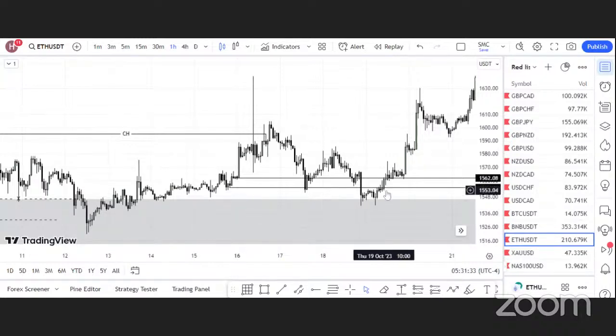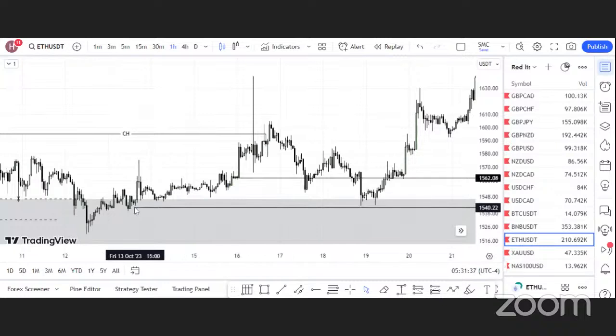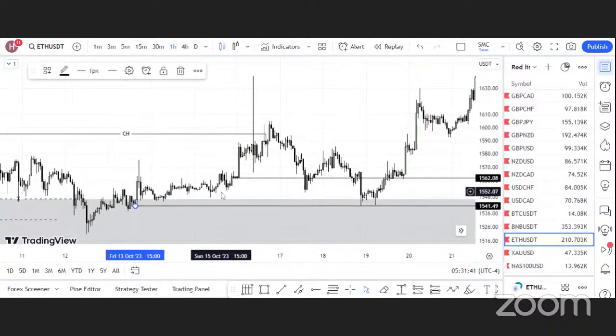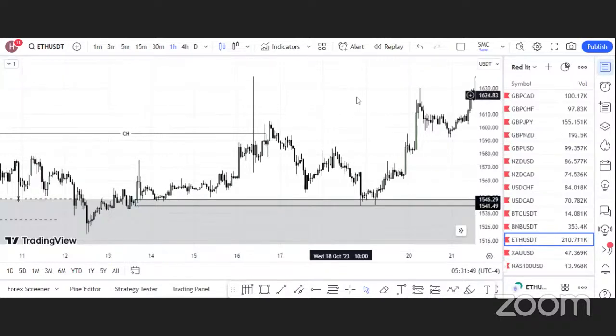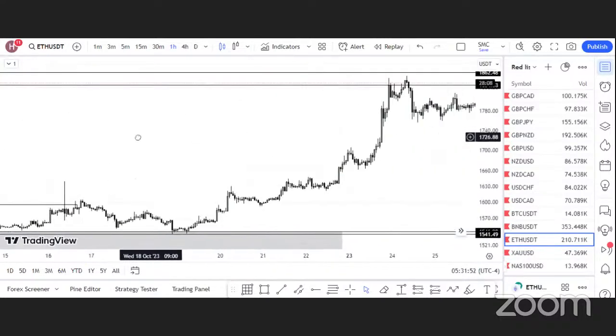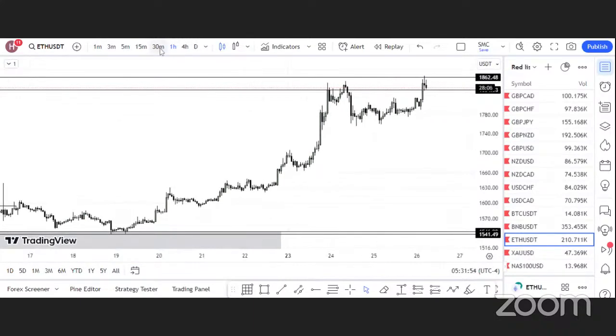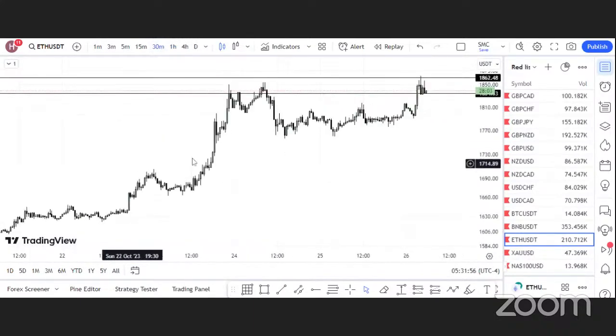That was why this market came here to respect that. Okay, so we have this area where the market respected. So I'm guessing we have another block here on the lower time frame. So the market went there to respect it, and ever since then the market has been making a move to the upside. All right.